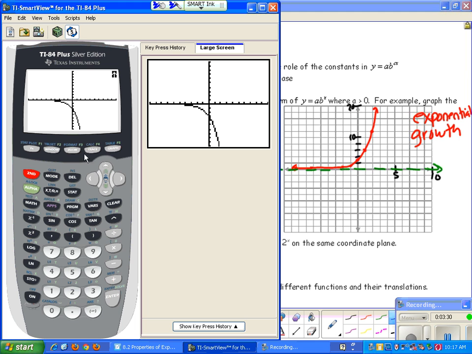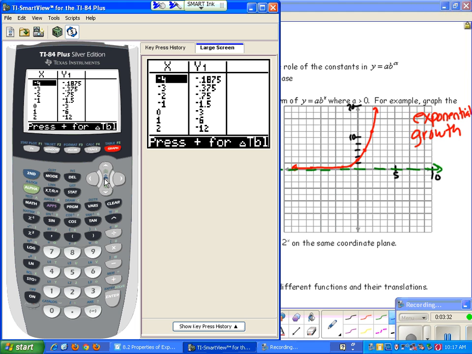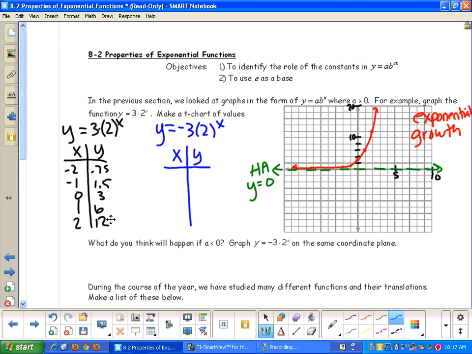If you go to your table and look at the values that we had before, all of these values that we had for y previously are going to be negative. So we have -2, -0.75, -1, -1.5, 0, -3, 1, -6, and 2, -12.